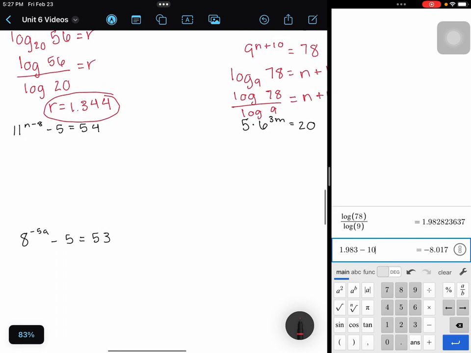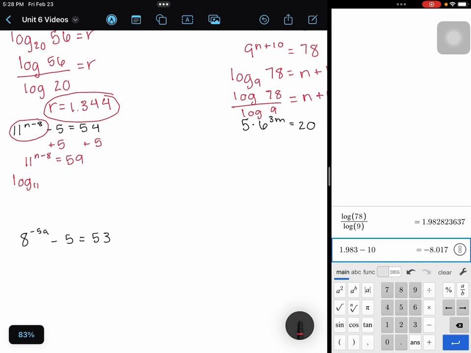All right, in this next one, we also need to isolate the exponential. So this piece right here, 11 to the n minus 8. So I'm going to start by adding 5 on both sides. And then now I can go ahead and write it in log form.